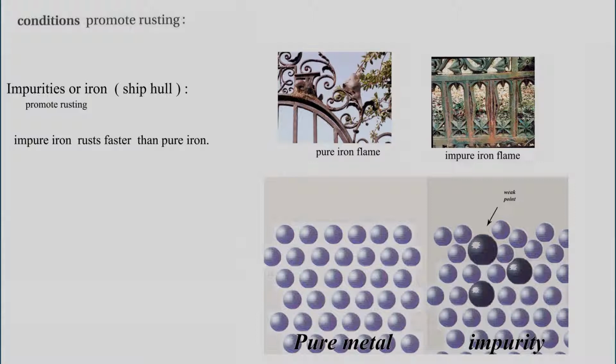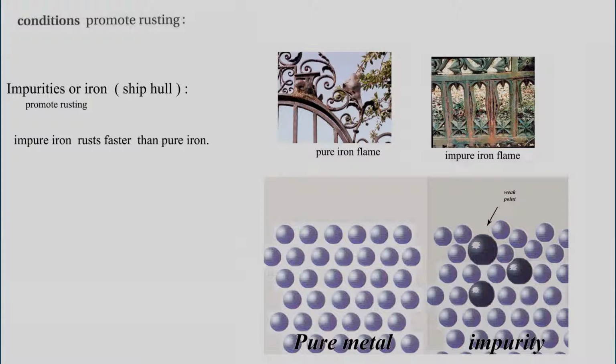And England is a very humid, wet area. But you don't see it rust very badly. But when you see some impure iron, it rusts a lot more badly. And it rusts faster. Why?